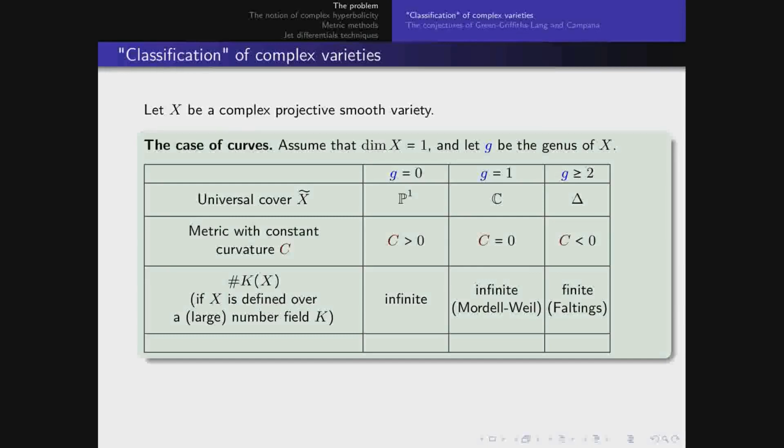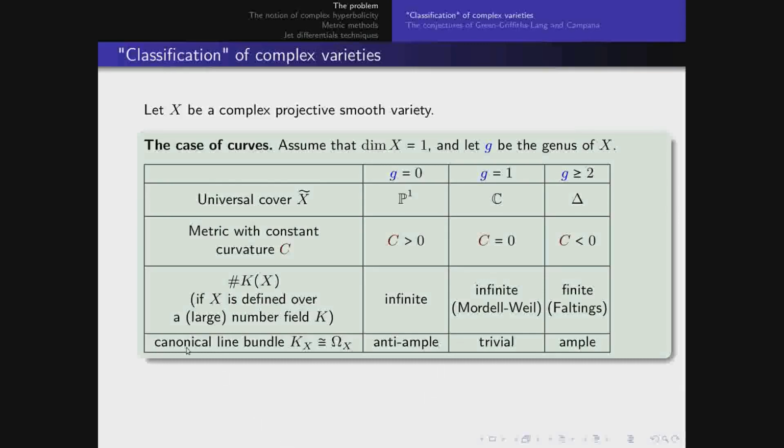Before going to higher dimensions, there is one last thing I wanted to say concerning the canonical line bundle of the curve, which in this case of dimension 1 is none other than the cotangent bundle omega X. In that case, we know that it will be anti-ample if the genus is 0, trivial in the case of genus 1, and ample in the last case.